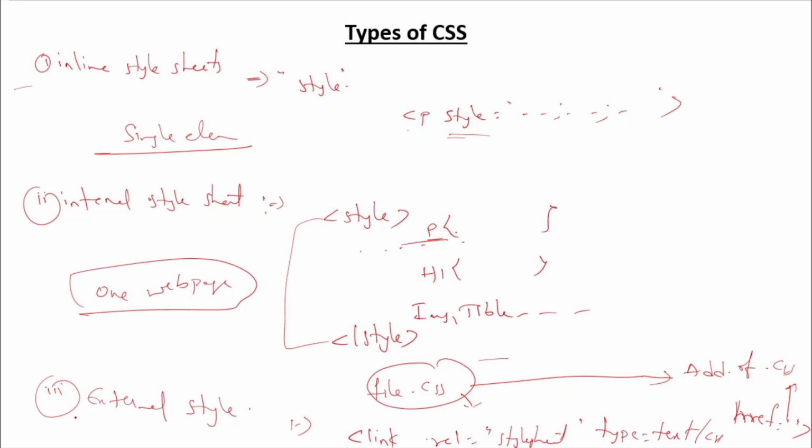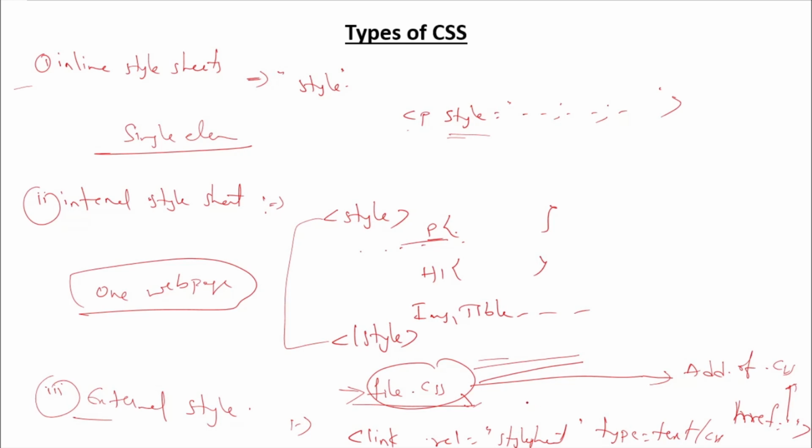But in an external style sheet, what is happening? Once you place a group of styles in one particular file.css file, this file may be attached to a number of web pages, and the number of web pages will be affected. And there is one drawback.